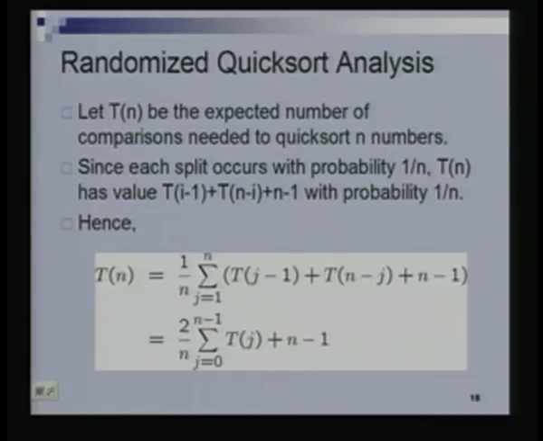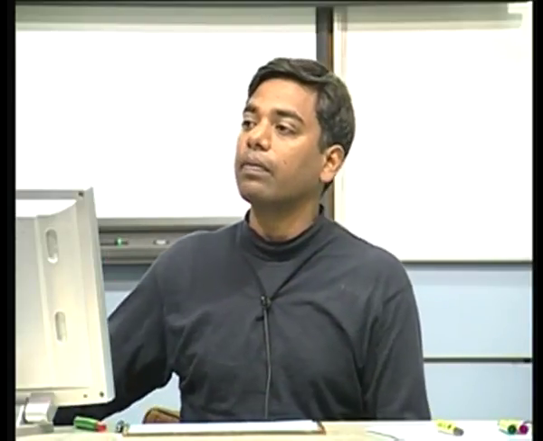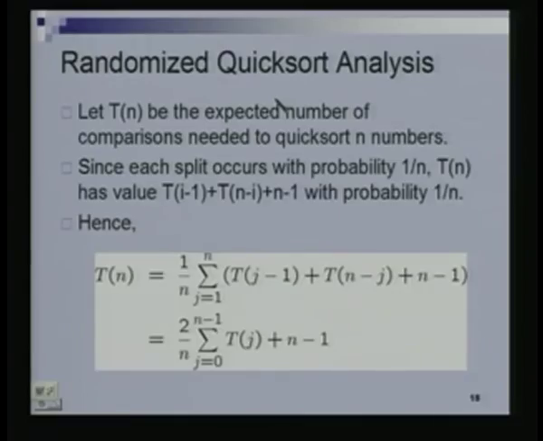You can think of the partition process as every number being compared against the pivot, and then all those that are less than the pivot are put on one side, all those that are more than the pivot are put on the other side. So we always require n minus 1 comparisons. Every number has to be compared against the pivot, because otherwise we will not be able to decide whether it goes on the left side or the right side. So this is the part which is the partition.